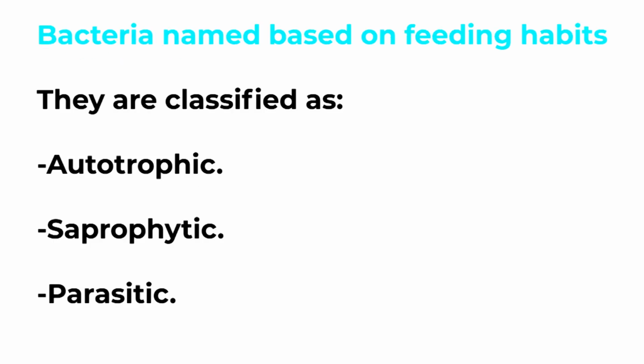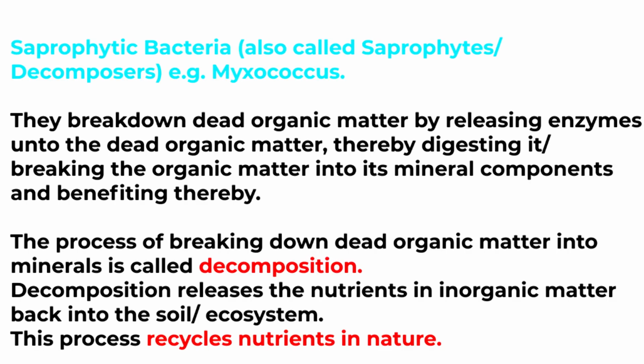So autotrophic bacteria make their own food. Then you have saprophytic bacteria. These ones decompose dead organic matter and use the nutrients. So there's bacteria growing in the soil.